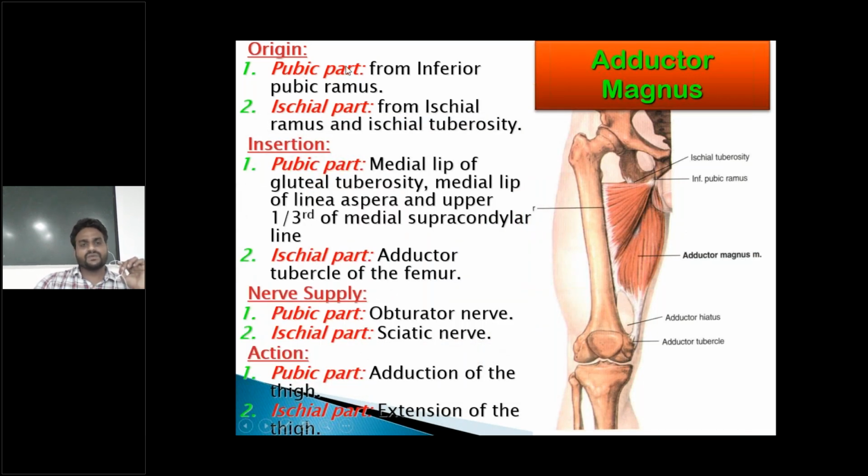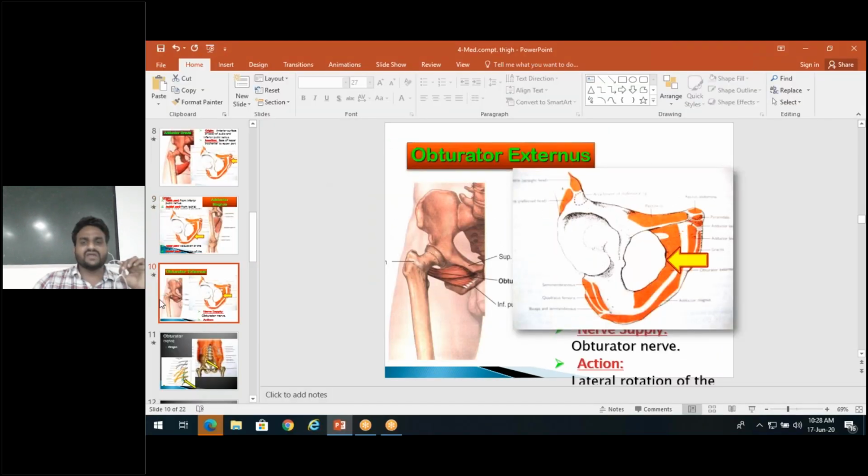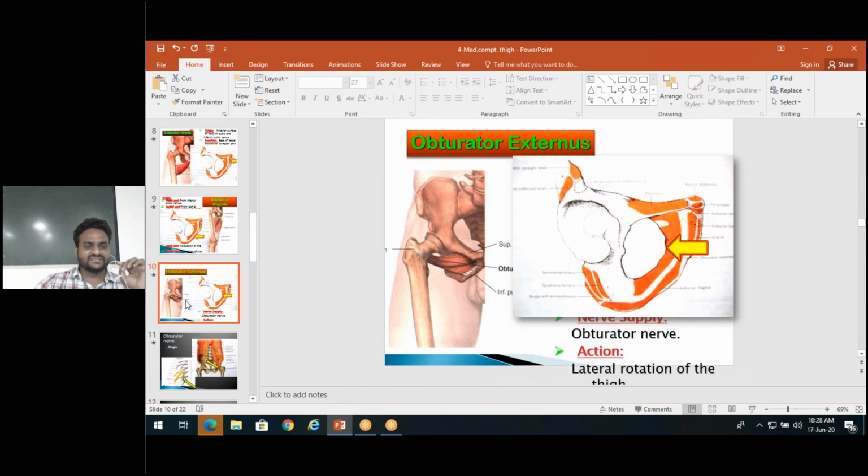Pubic part and ischial part. So it has dual nerve supply: the obturator nerve and also the sciatic nerve. So it is a hybrid muscle. Another hybrid muscle in the medial compartment is pectineus.